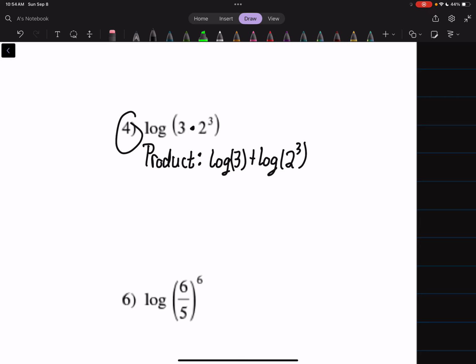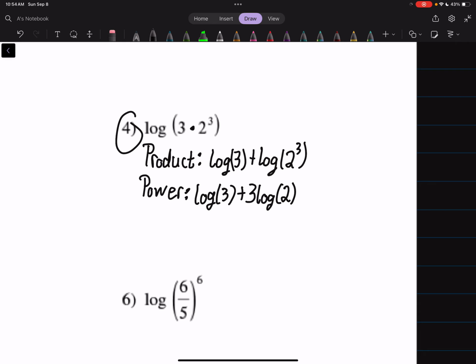Now I can use my power rule. So this is log of 3. Didn't change anything there. Power rule, I'm going to take the 3 and the exponent on the second logarithm and move it in front of log. So 3 log of 2. I'm done.